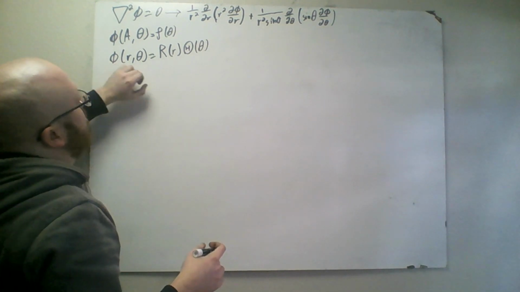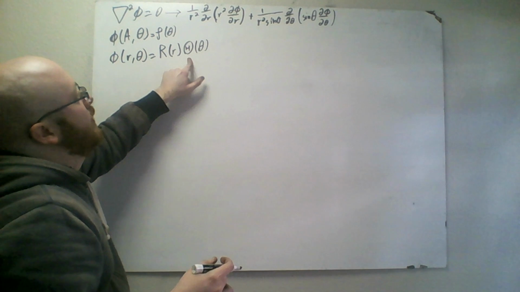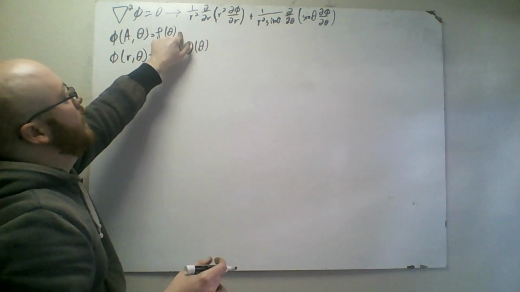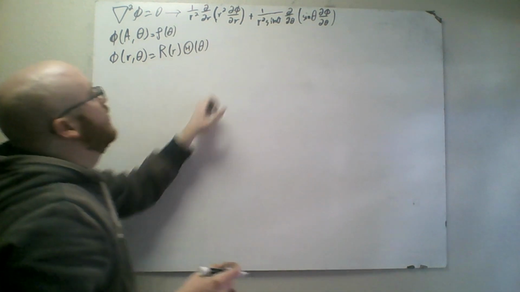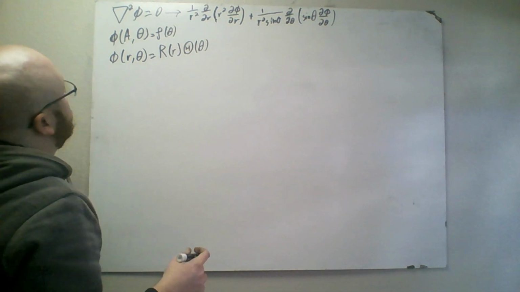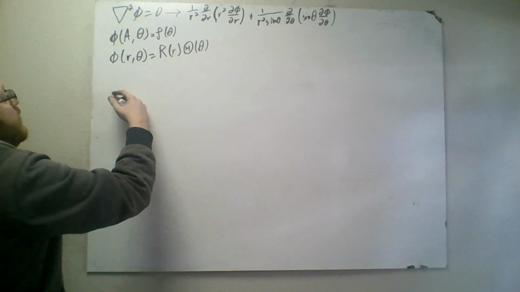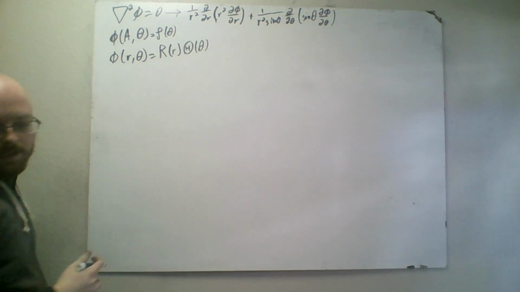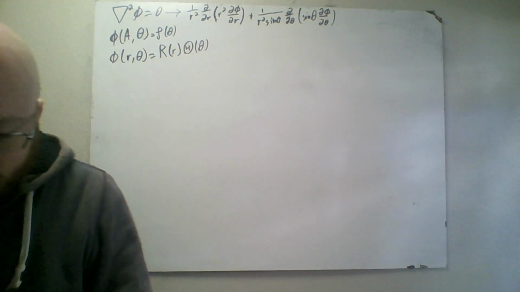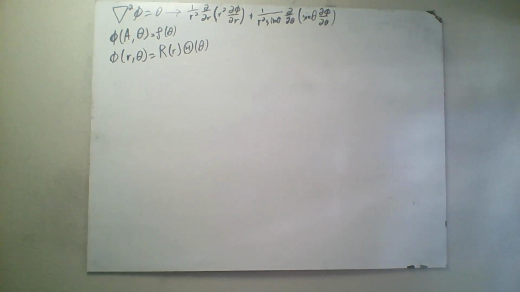This looks a little bit messier, but the theta is going to come out here, and the big R is going to come out here, so they'll kind of get removed. The first thing we do to make our life easier is multiply both sides of this equation by r squared, since they just have to be in the denominator. They don't really do anything.